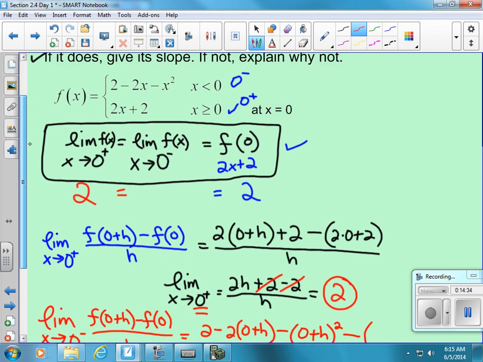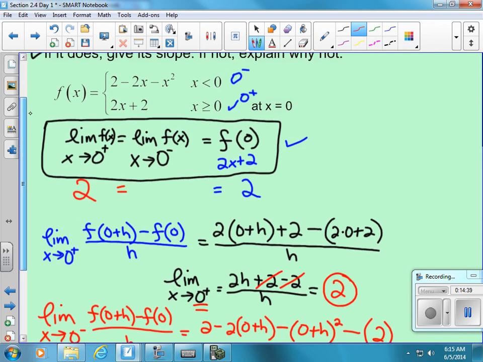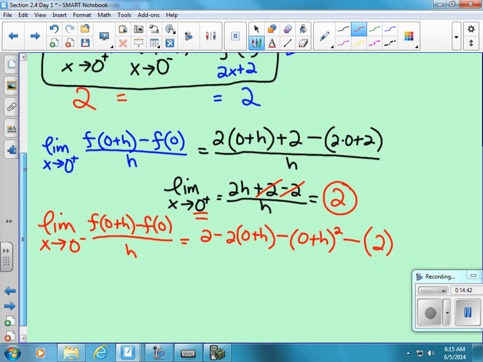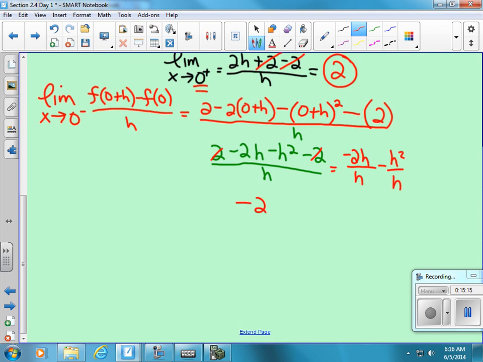The function at 0 is equal to 2. So, divided by h. All right, so we have 2 minus 2h minus h squared minus 2. This one, the 2's cancel out. And we distribute our h, negative 2h over h minus h squared over h. And we get negative 2 minus h.